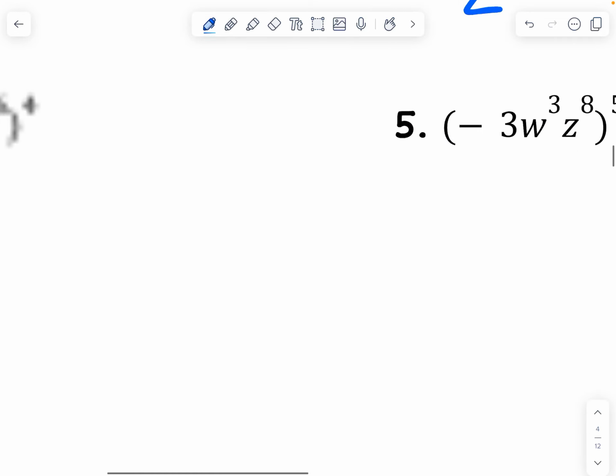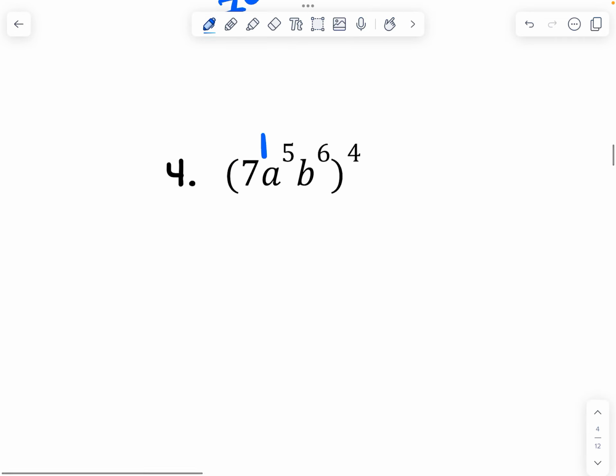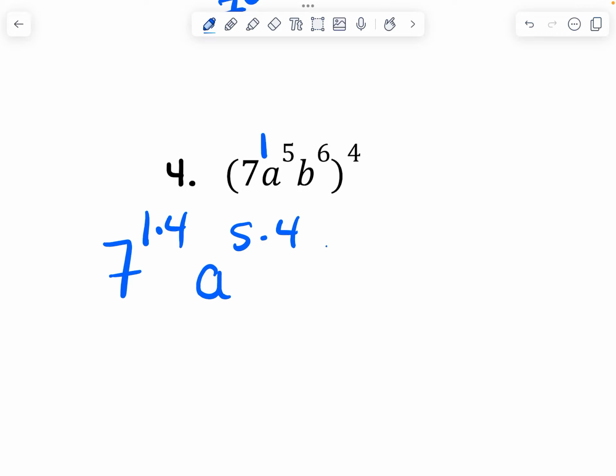Okay, next one. So on this one, that's to the first power. So I multiply the exponents, multiply the exponents, multiply the exponents.